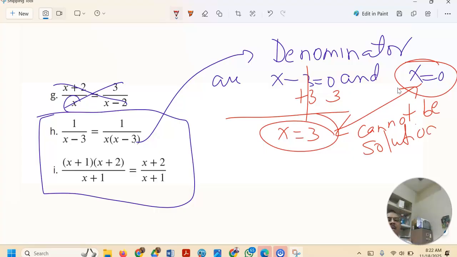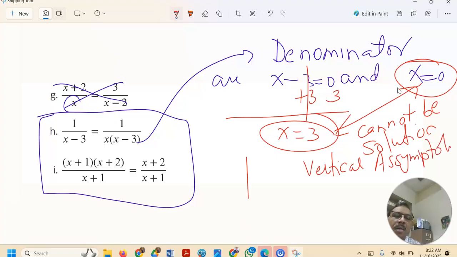It means they are vertical, we call them vertical asymptotes. If on the grid, the y-axis itself is like a vertical asymptote, and at 3 there is also another vertical line like this. This dotted line that I draw is what that means. These are the two pieces.